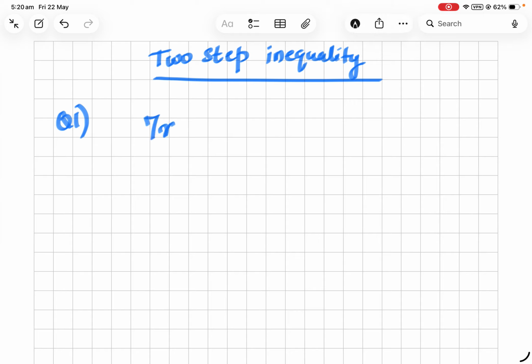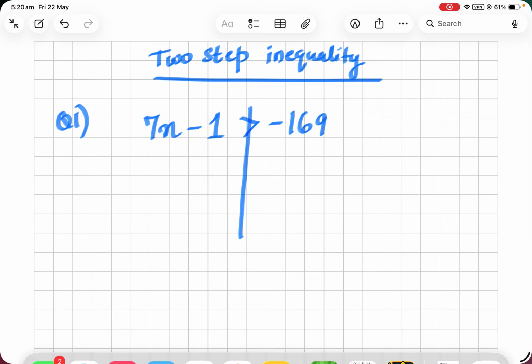Let's say you have a question like this: 7n minus 1 is greater than negative 169. Now, the best strategy is to treat the inequality as an equal sign.